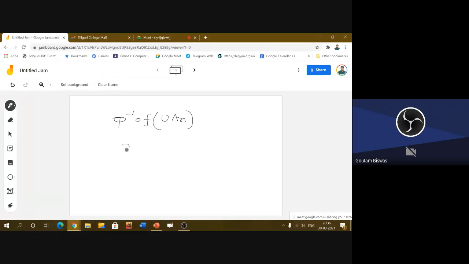So this can be written as phi inverse of union FAN, because these two are commutative operations. Okay, so that is what I want to tell you.